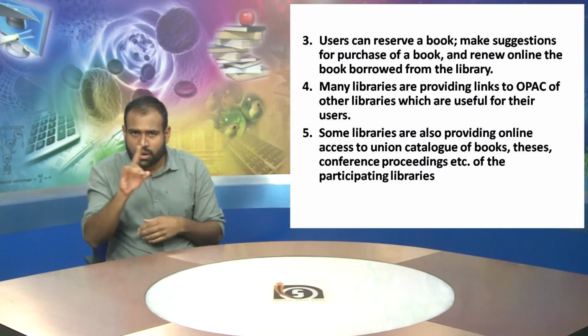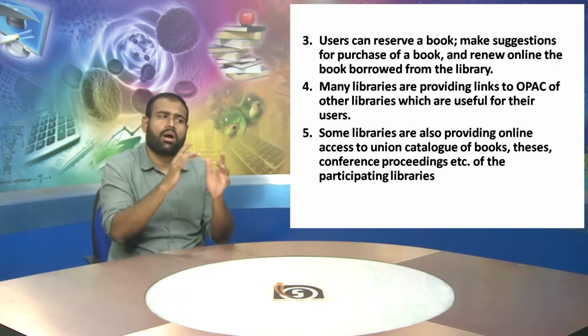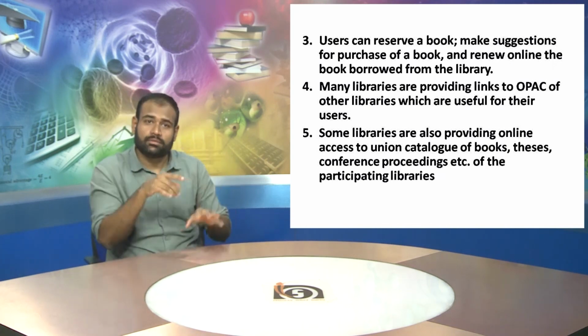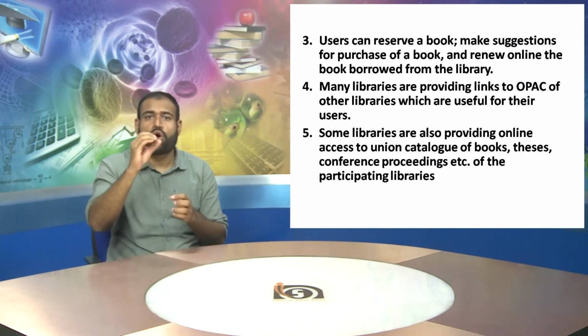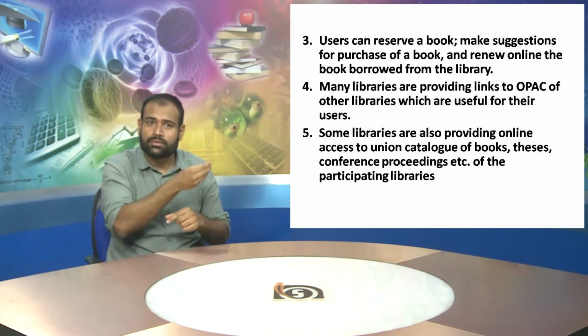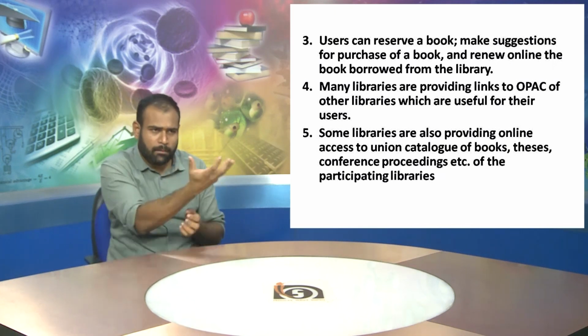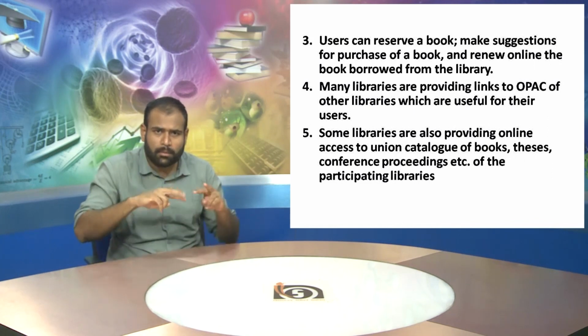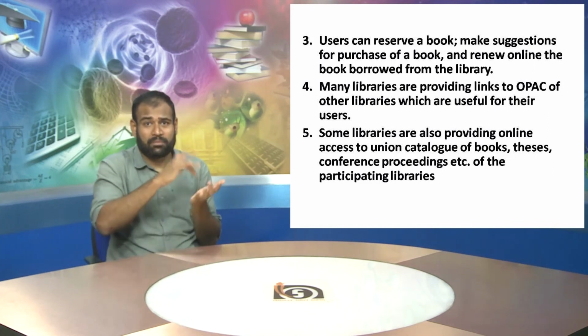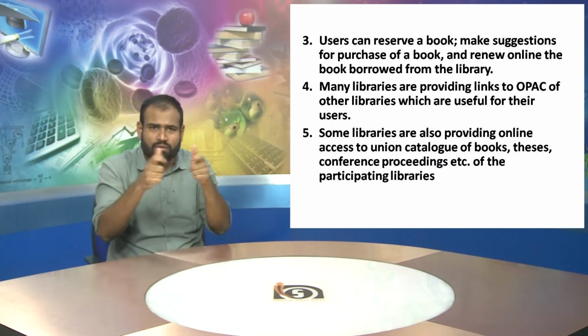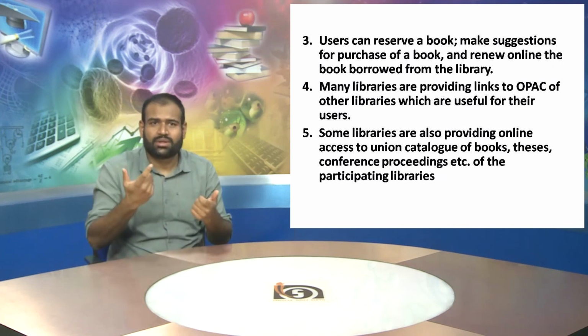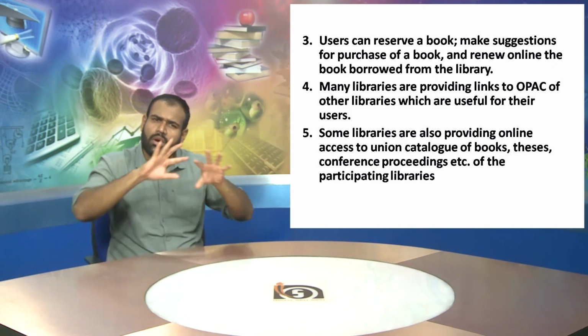Many libraries are providing links to OPACs of other libraries which are useful for their users. Some libraries are also providing online access to union catalogs of books, theses, conference proceedings, etc. of the participating libraries.